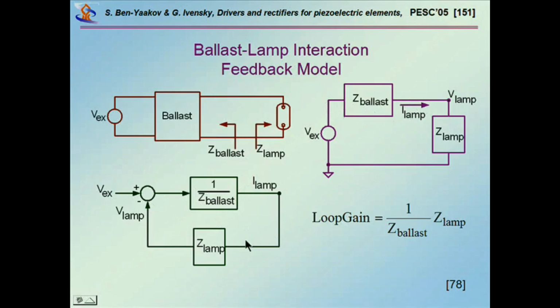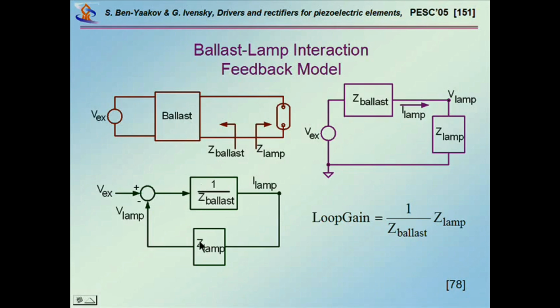And this current, when flowing through the impedance of the lamp, is generating a voltage, which is the voltage of the lamp. So as you can see, we can translate this situation of a source feeding a load into a scheme that looks like a feedback circuit.